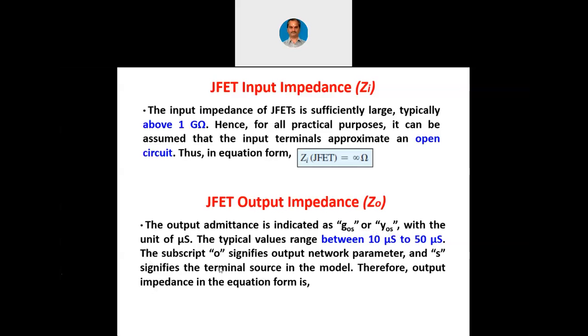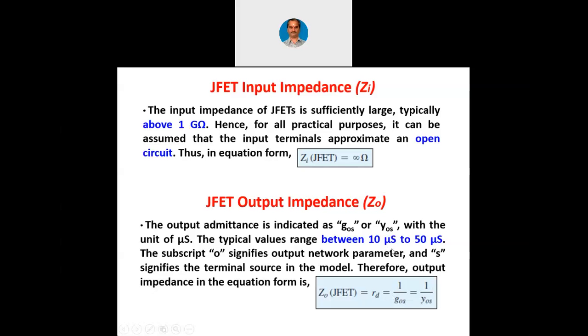The subscript O signifies output network parameter and S signifies the terminal source in the model. Therefore, output impedance in the equation form is Z0 of JFET equals RD equals 1 over GOS equals 1 over YOS. It is 1 over GOS.